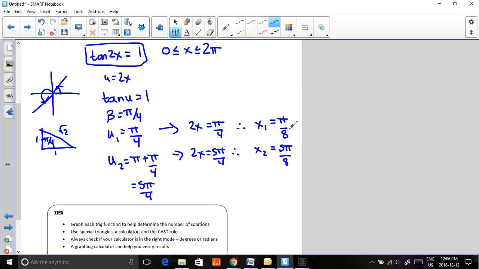So if you want to add 2 pi to this, that doesn't make sense, okay, because our period has been compressed. So we're just adding values of pi. So our x3 is going to be just pi over 8 plus pi. We're adding pi, and you get 9 pi over 8. And our x4 then is 5 pi over 8 plus pi, which gives us 13 pi over 8.